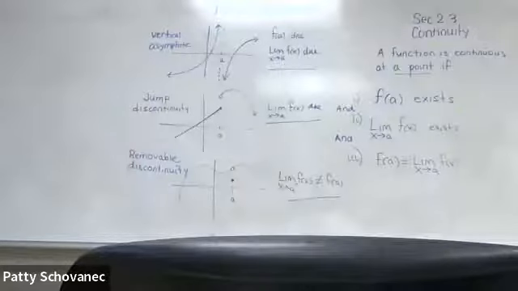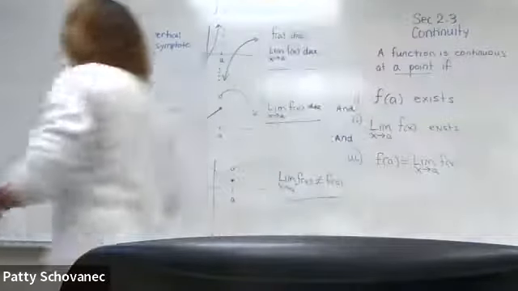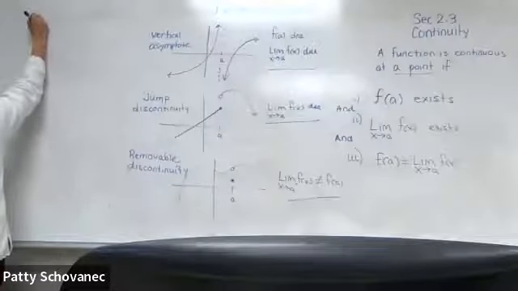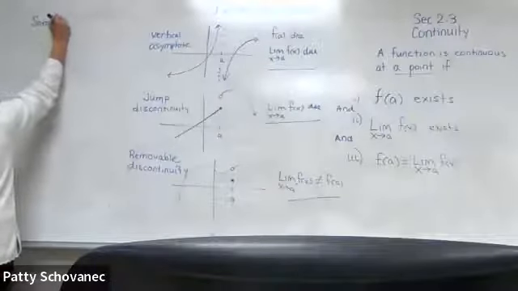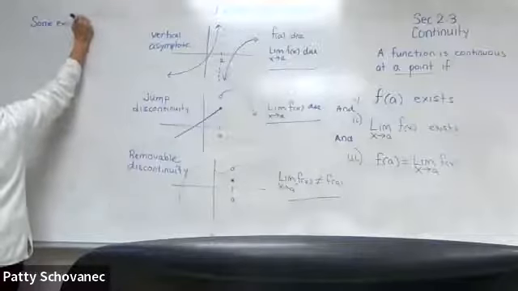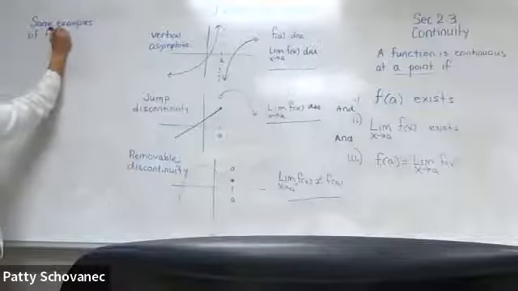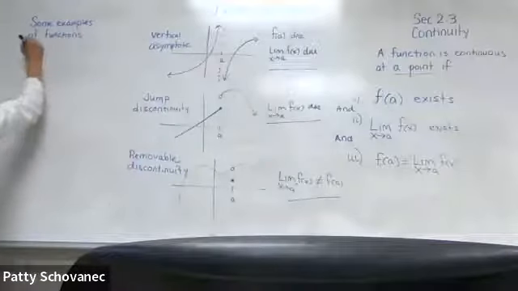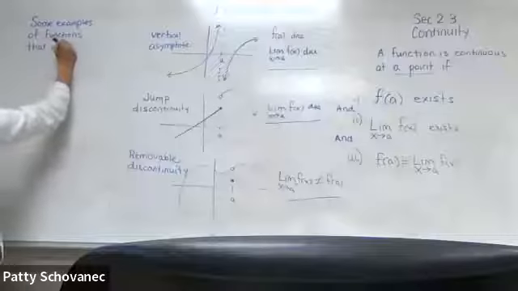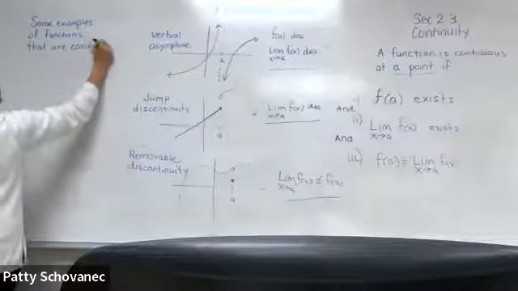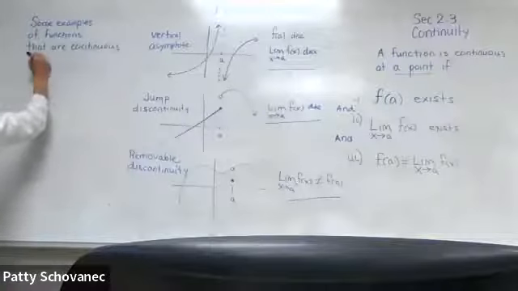If a function is continuous at every value of x, then we say that it's continuous on its domain. So we've got to kind of know some graphs, some examples of functions that are continuous for all values of x.